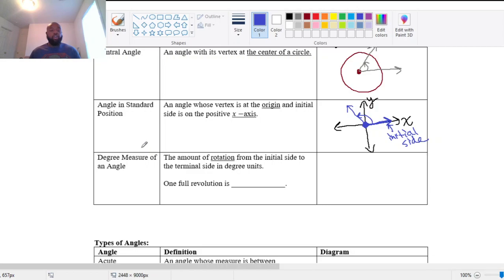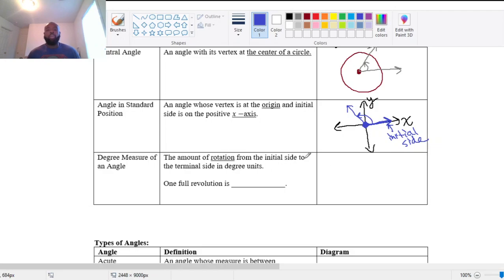We measure angles by using several different units. We're going to talk about two in this course, but there's the degree measure of an angle, which basically represents the amount of rotation from the initial side of that angle to the terminal side of that angle, right? And it's going to be given in degree units.